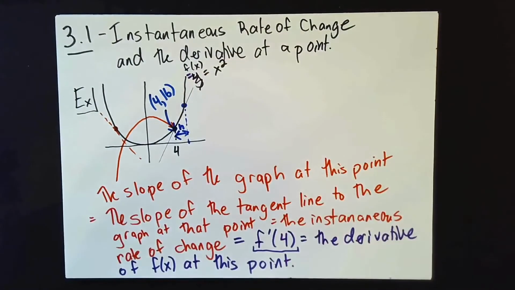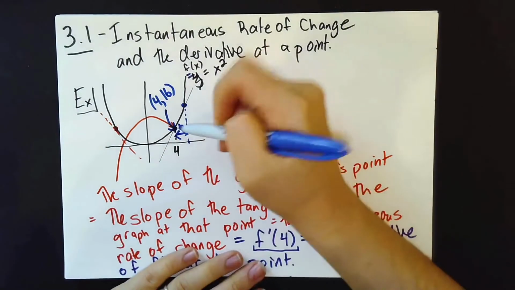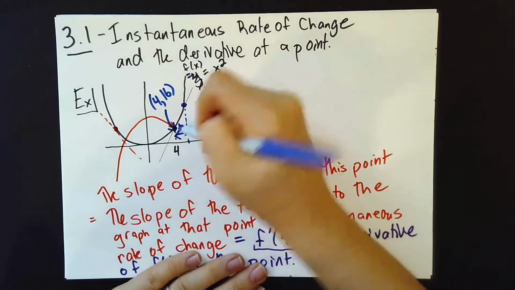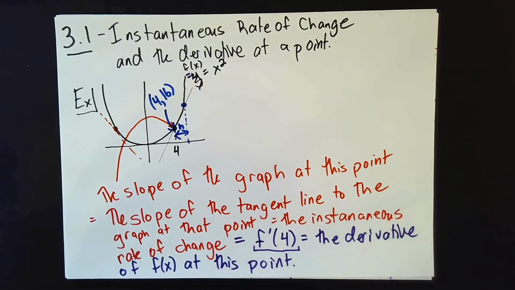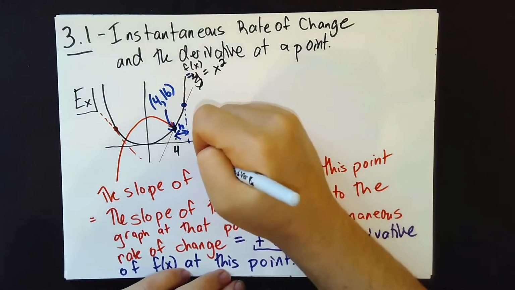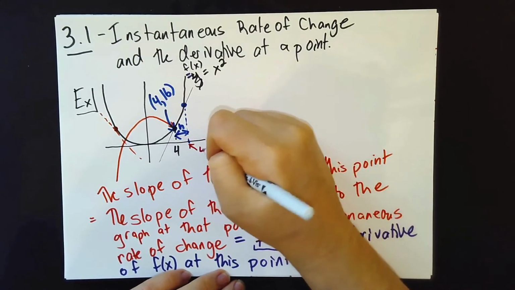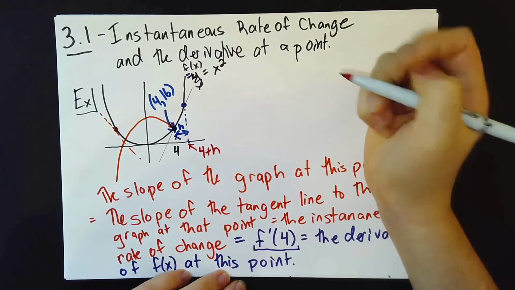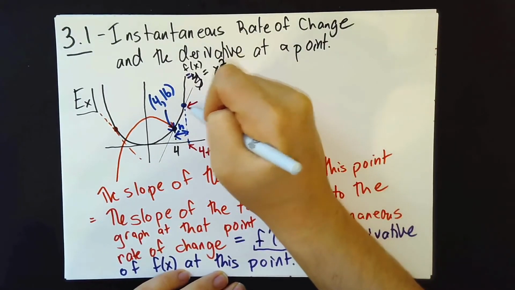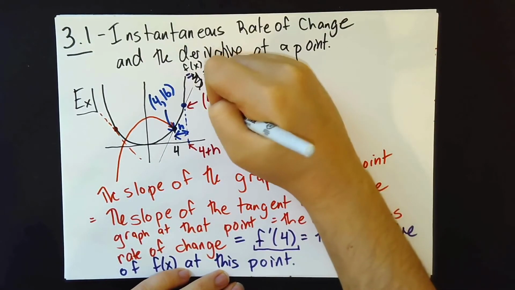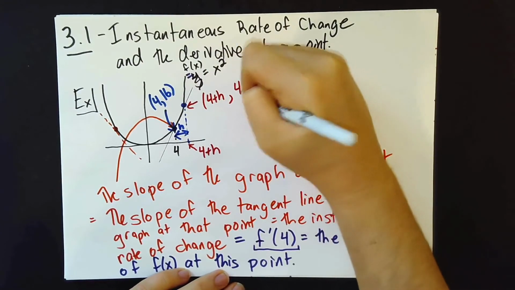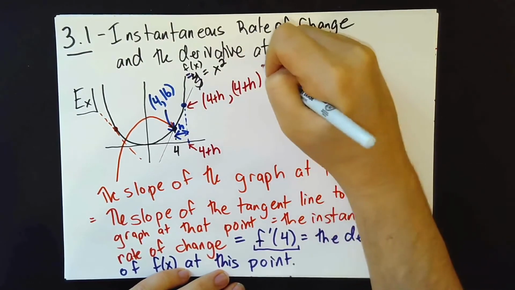So this gap here is little h. And since this gap is little h, that means that this input here is 4 plus little h. And that means that this point here is 4 plus little h, comma, 4 plus little h all squared.